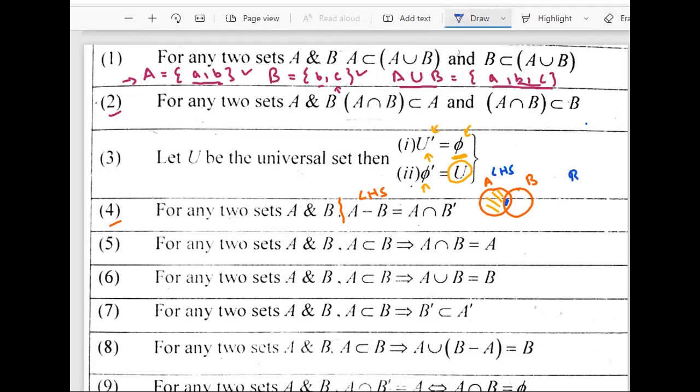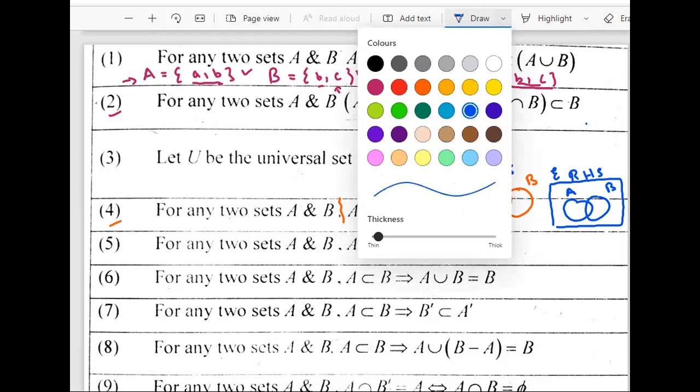And if I talk about the right hand side, I will have two sets, A and B. And this time around, I have to make the universal set as well because we are talking about complement. And in complement, we have everything of the universal set except that set, right?